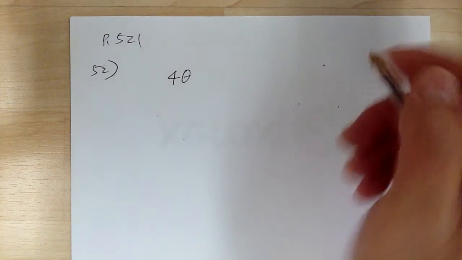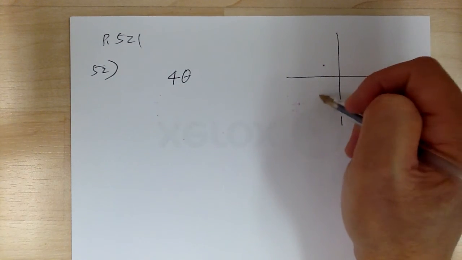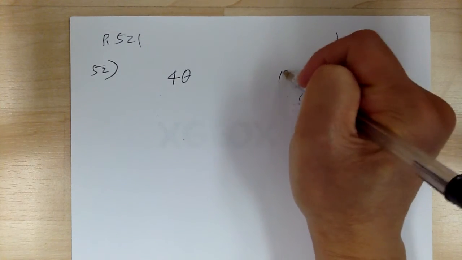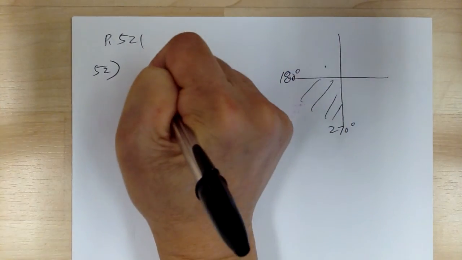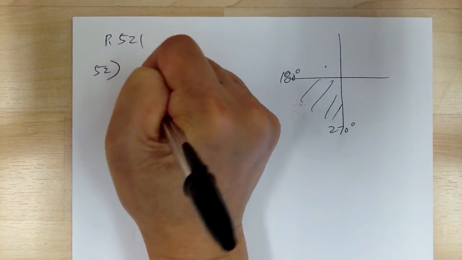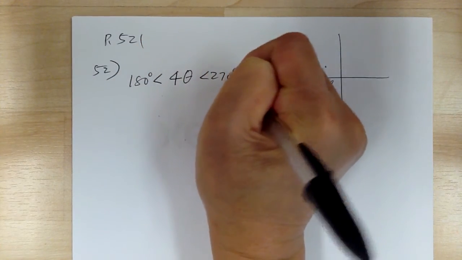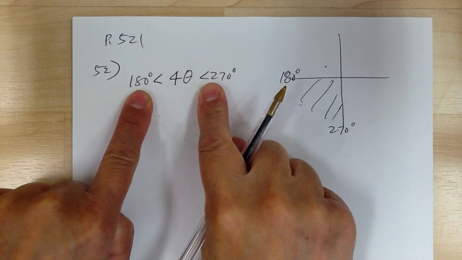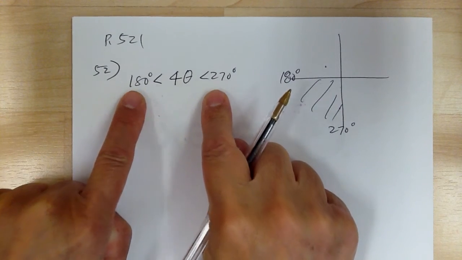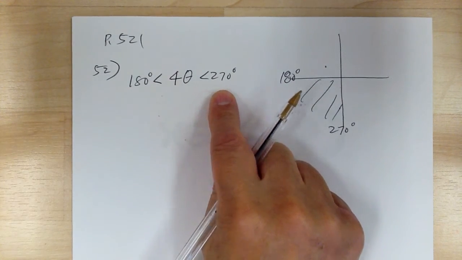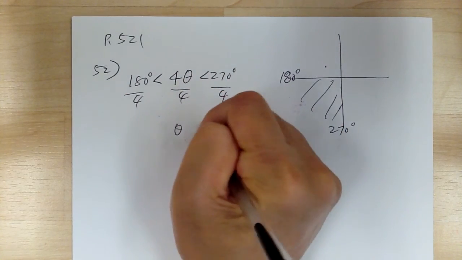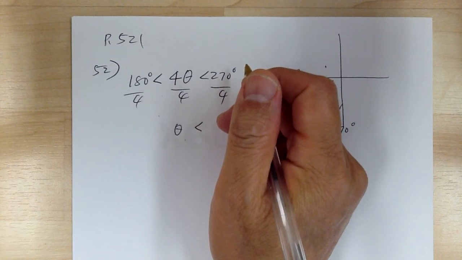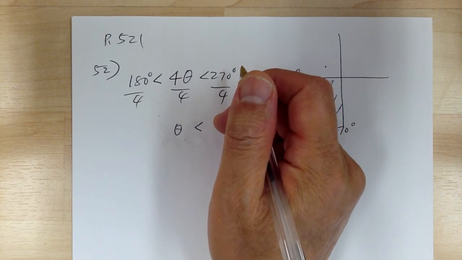So this is the third quadrant, which is between 180 and 270. That means 4 times theta has to be greater than 180 and less than 270. Now to solve for theta, you divide by 4.